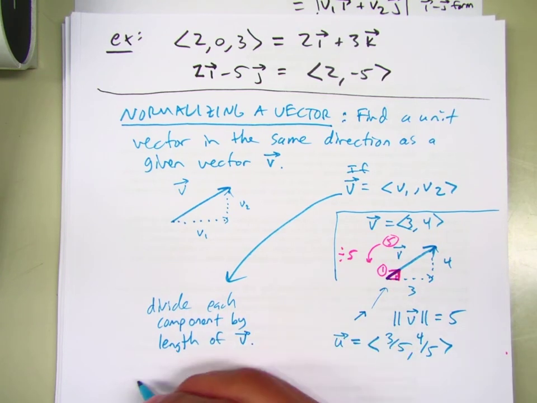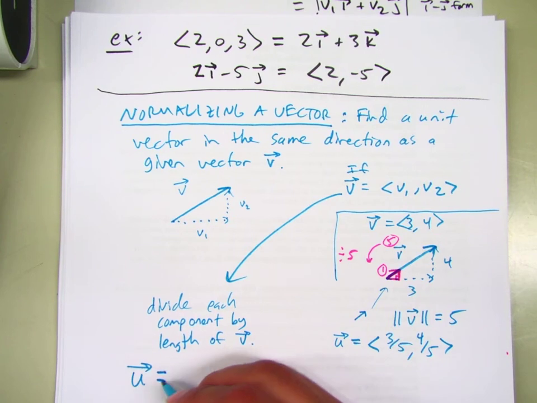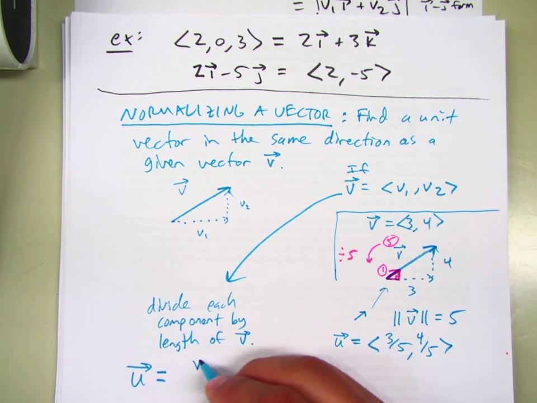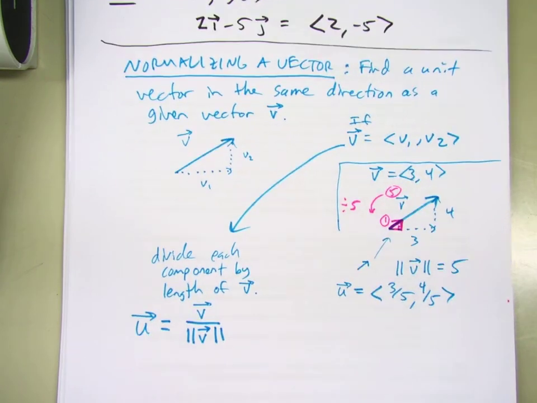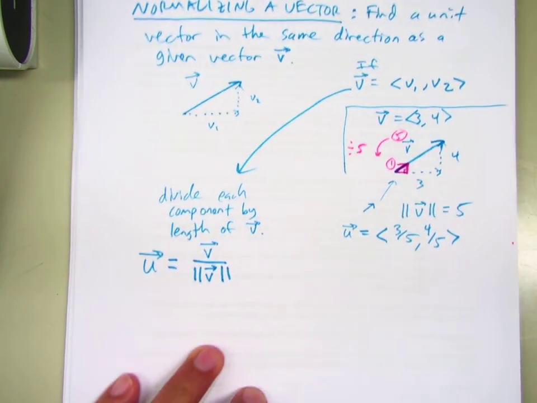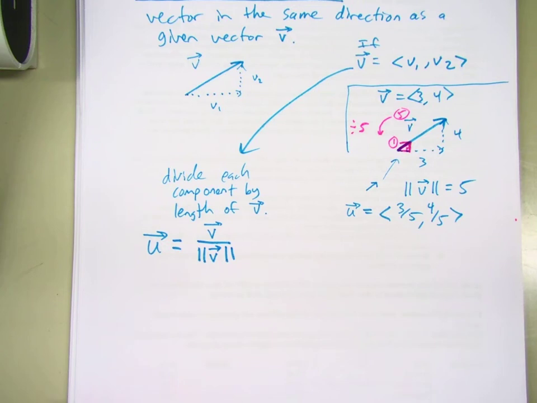So our unit vector is going to be v divided by the length of v. Okay? So real quick, let's try another example here.